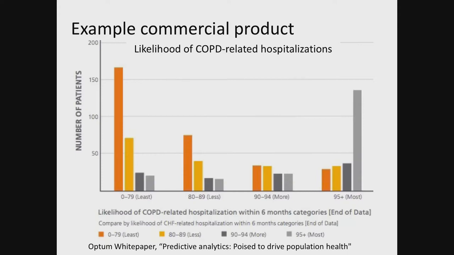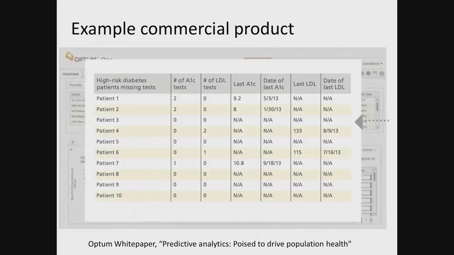And then one could dig in deeper. So for example, you could click on one of those buckets and try to see, well, who are the patients that are highest at risk? And what are some potentially impactful aspects of those patients' health? Here I'm showing you a slightly different problem, predicting high-risk diabetes patients.